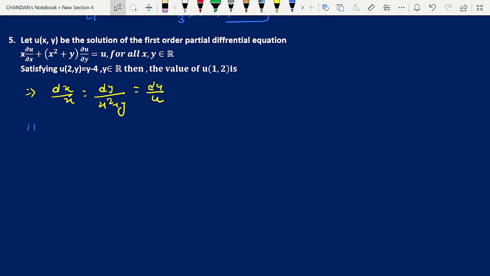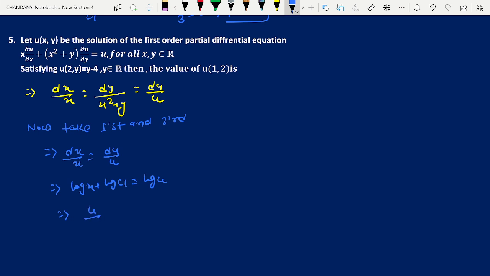Now take first and third, then we got dx by x is equal to du by u, then we got log x plus log c1 is equal to log u, then we got u by x is equal to c1.